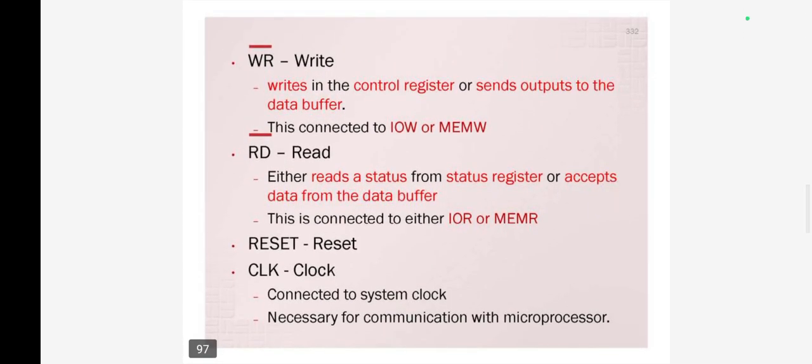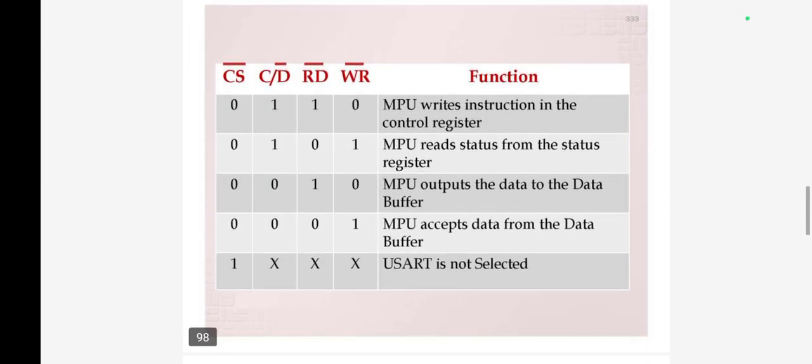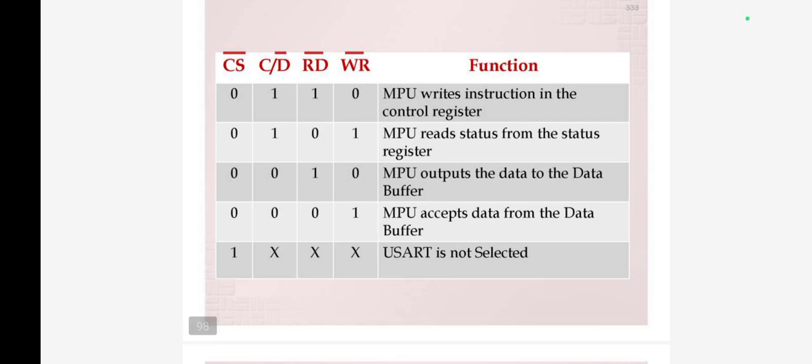And similarly write bar, read bar, reset, and clock signals are available. And this shows the chip select bar and control word or data active low signal, read bar and write bar. Based on these combinations, different functions are carried out. Namely, if the chip select is 1, then the USART is not selected.